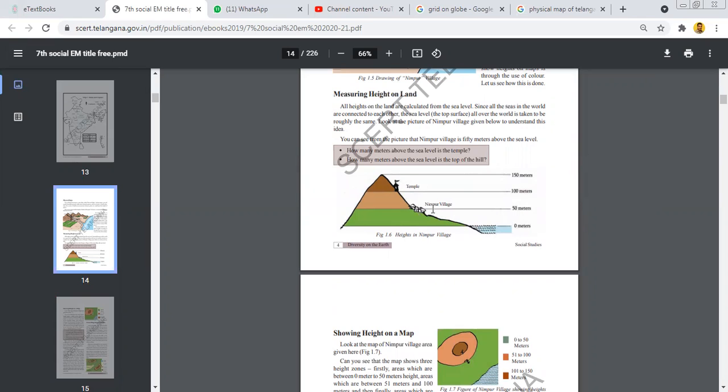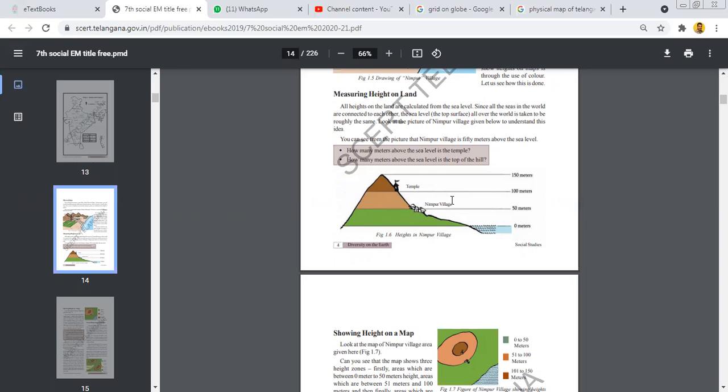So the Nimpur village is situated 50 meters above the sea level, and the temple is located 100 meters above the sea level, and the peak of the mountain or hill is 150 meters from the sea level. Like that we find the heights of the places to show on the maps.